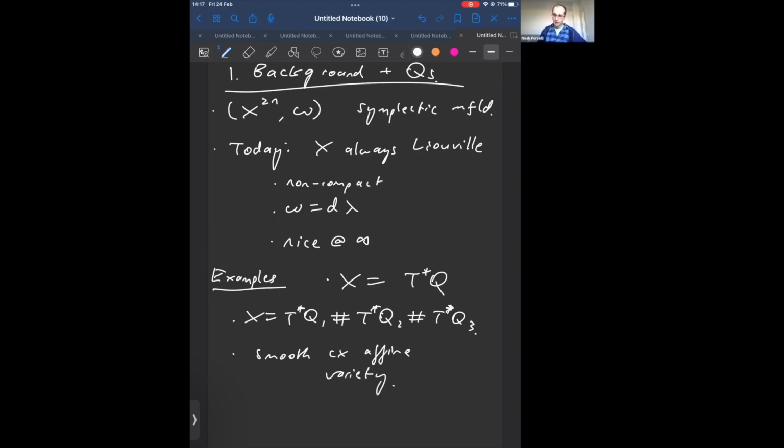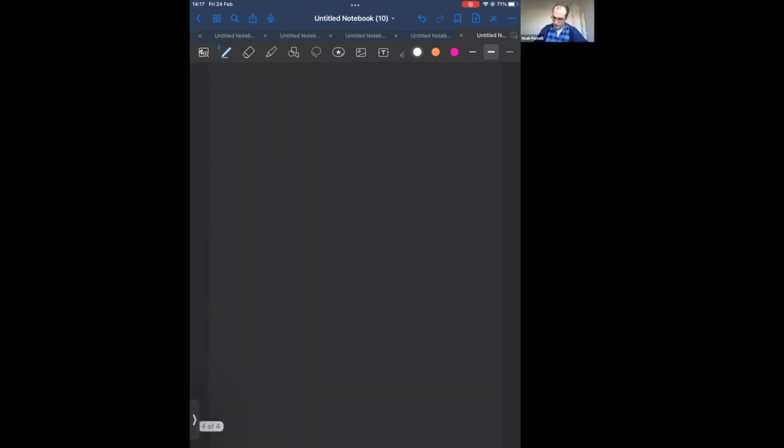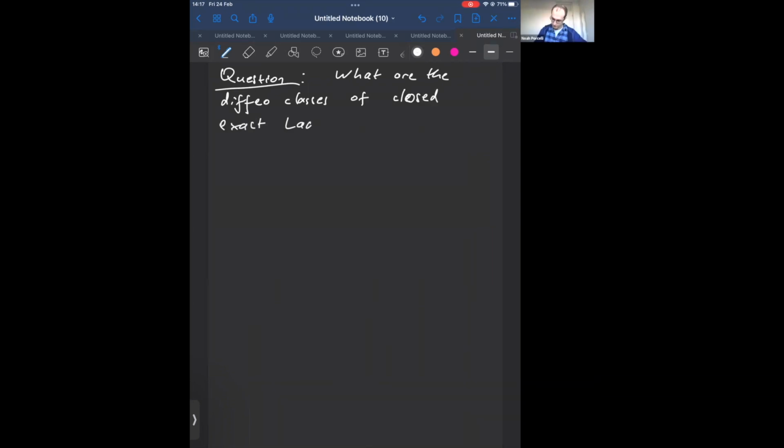Okay, so if I pick one of these symplectic manifolds, the question is then, what are the Lagrangians in it? Roughly, at least, the more precise question that we'll talk about today is what are the diffeomorphism classes of closed exact Lagrangians L inside X?